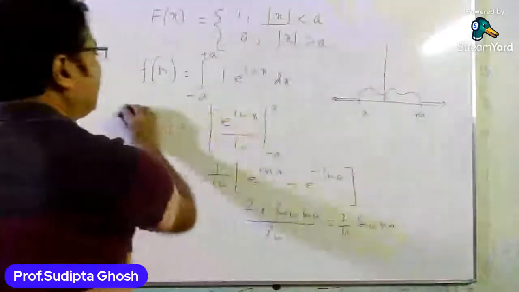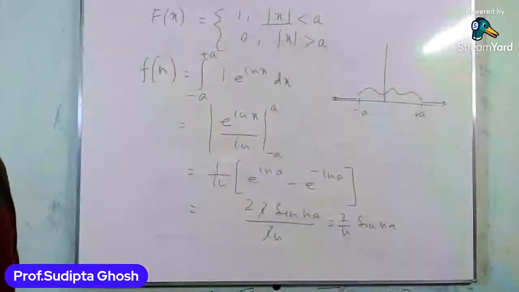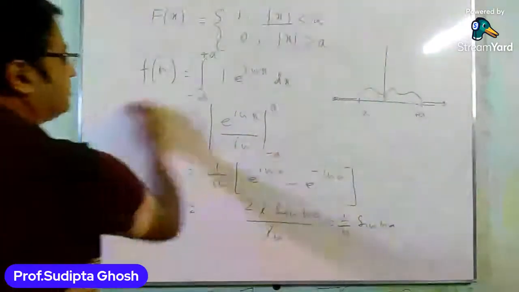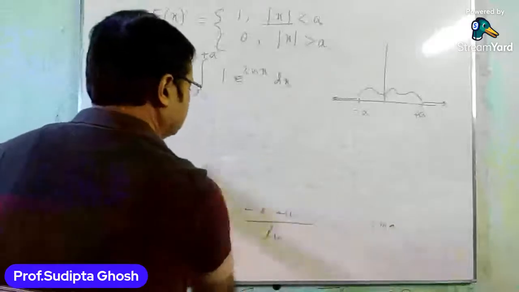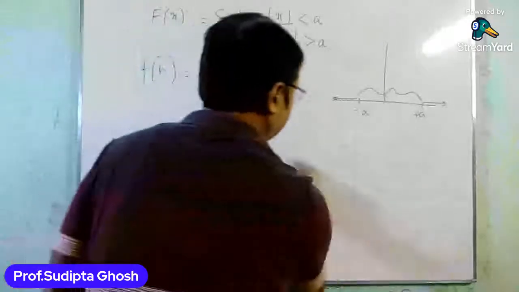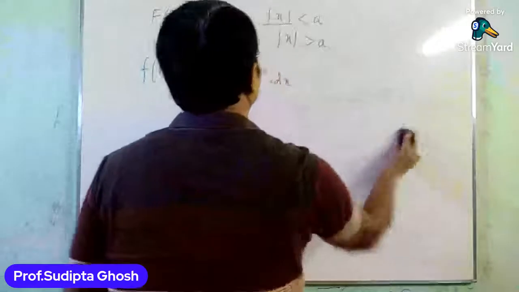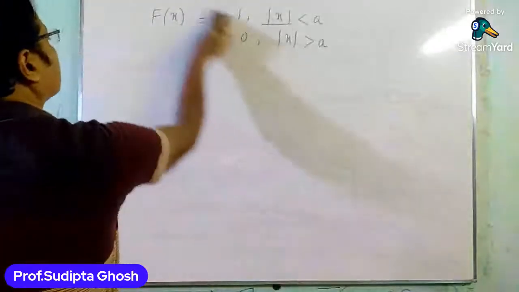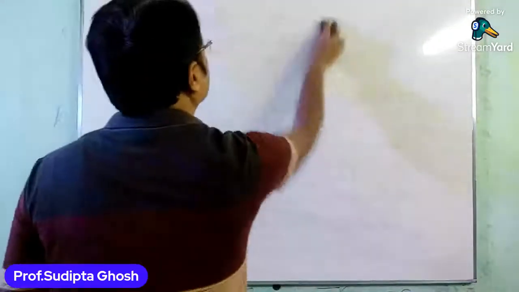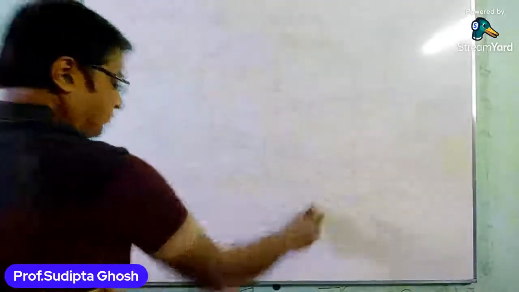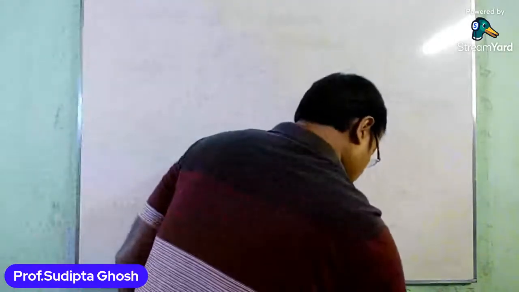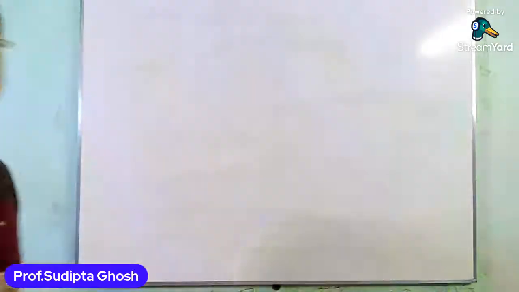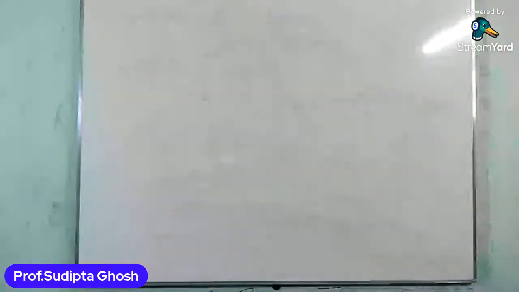So now let's move on to derive another transformation, or find out another transformation. So now we are going to find the transformation of e to the power minus a t into u of t.